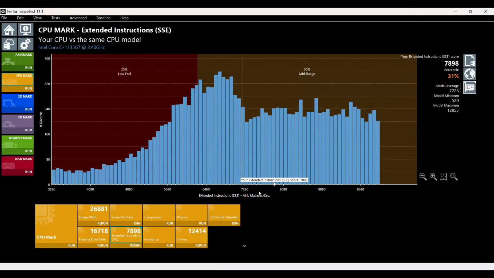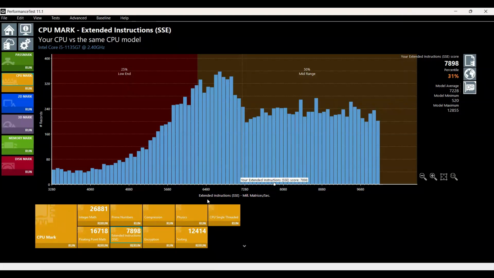So this results in a SIMD efficiency of 7.898 GFLOPS.